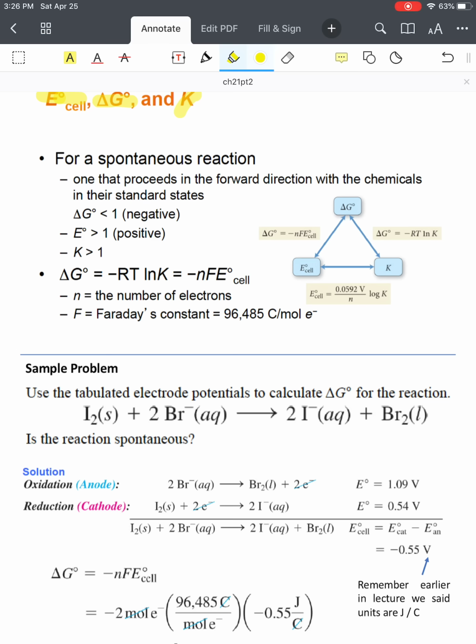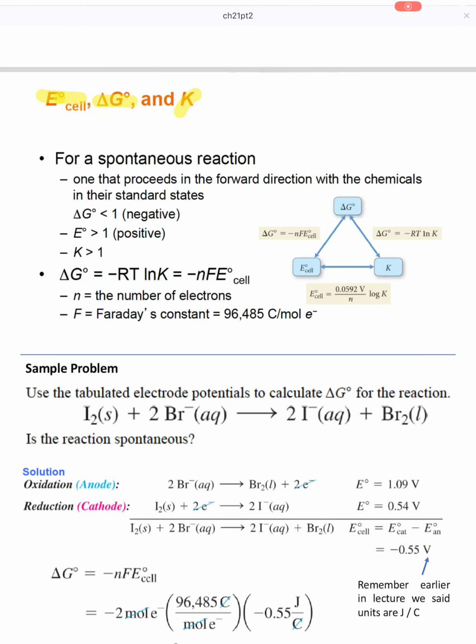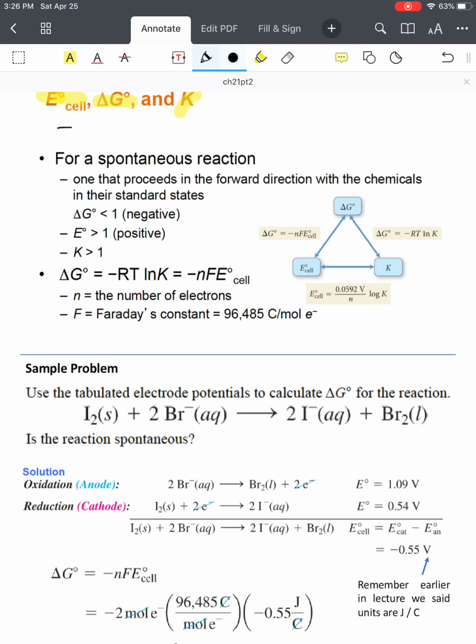Are there equations which link the three of these together for us? Wouldn't that be a fun thing? It turns out that there are such equations, and that equation is listed right here in the middle of this slide, okay? Let's take a look at these, understand what's going on.